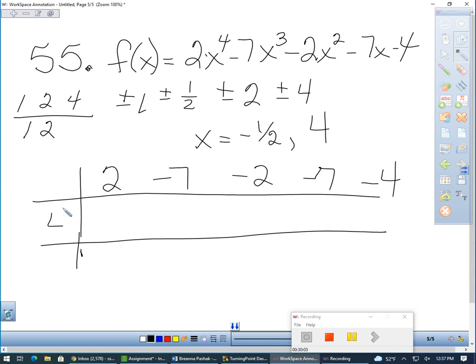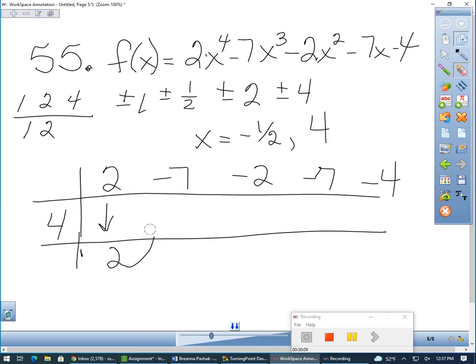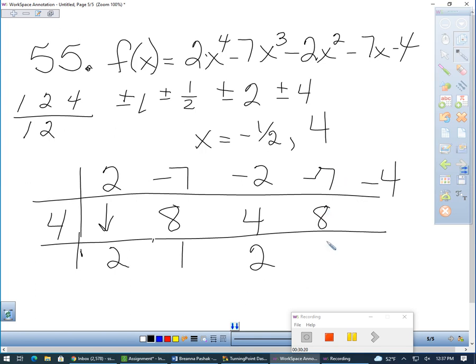And out here we're going to start with positive 4. Bring down our 2. 4 times 2 is 8. Add them together, we get 1. 4 times 1 is 4. Add them together, we get 2. 4 times 2 is 8. Add them together, we get 1. 4 times 1 is 4, and there's no remainder.